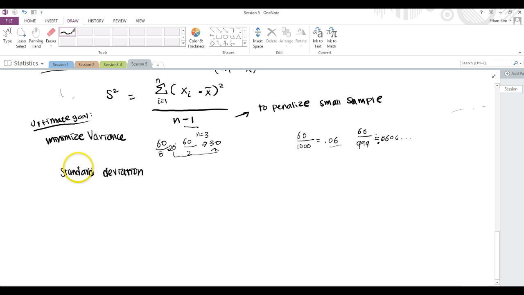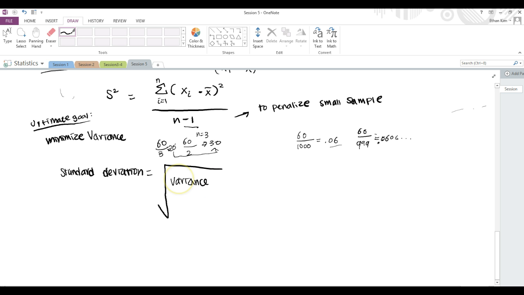And we use these two pretty often. Standard deviation is sometimes used more often because it's in the same unit as what we're discussing in the topic, right? So this is the square root of variance.